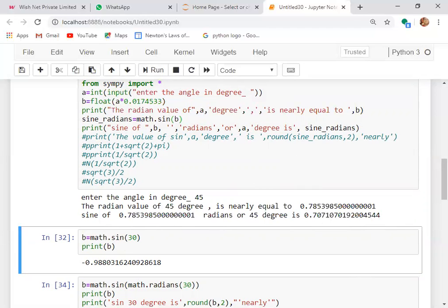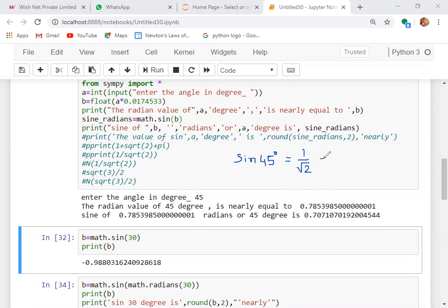So what is the sine 45 value? What books give us is the approximate value. Sine 45 is approximately 1 by root 2. It is not the absolute value, it is approximately 1 by root 2.